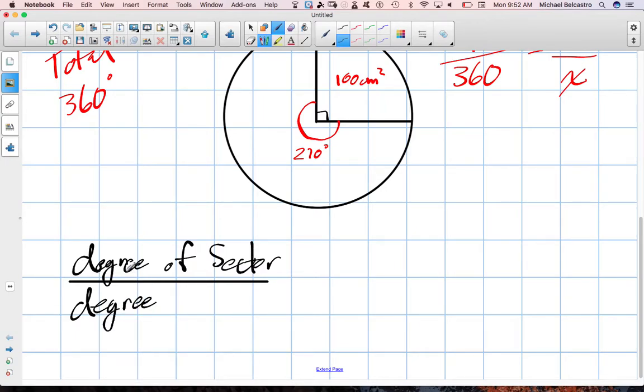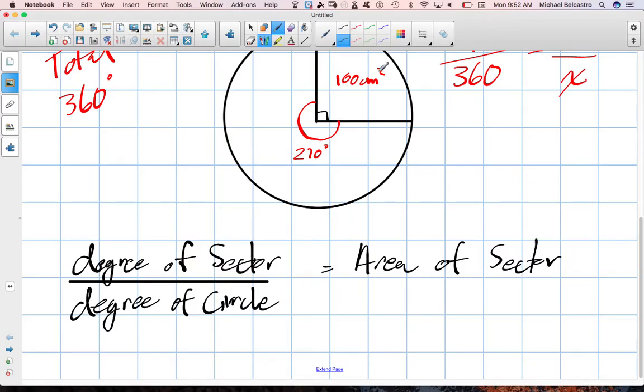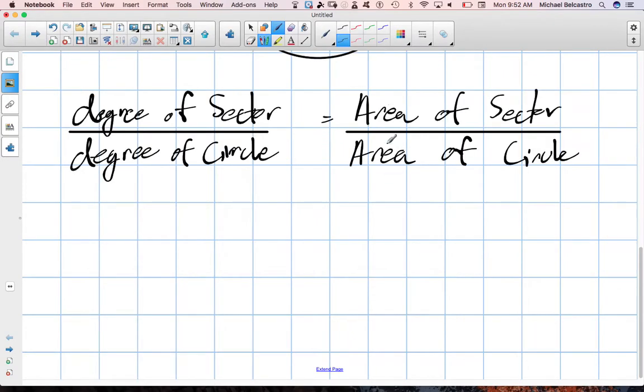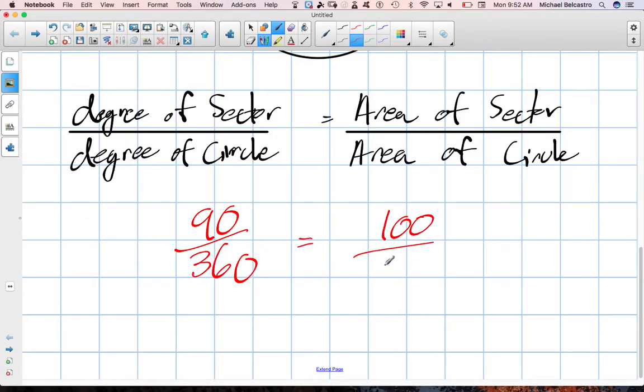So essentially degree of a portion over the degree of the whole is equal to the area of sector over the area of the whole, or the area of the circle. Same idea. Why would this work? That's essentially the formula we set up there. I'll rewrite it again. It was 90 over 360 was equal to 100 over an unknown value.